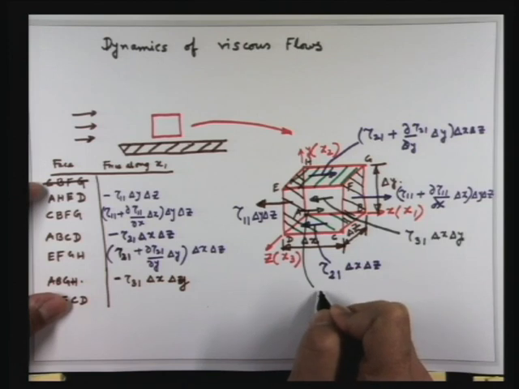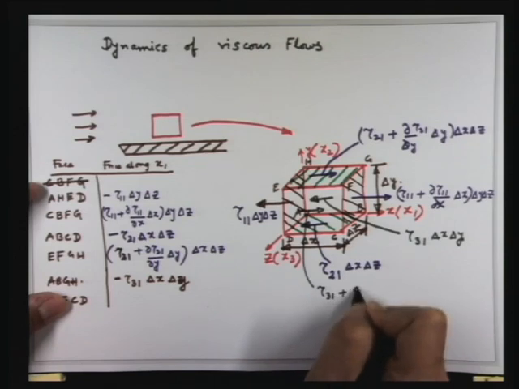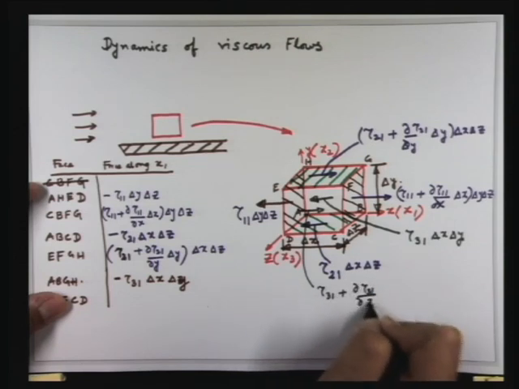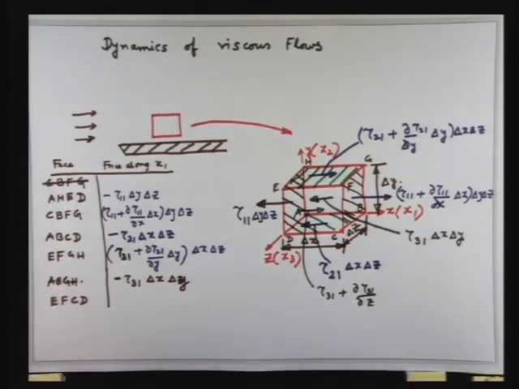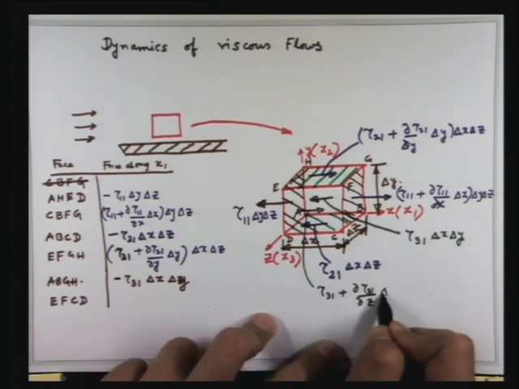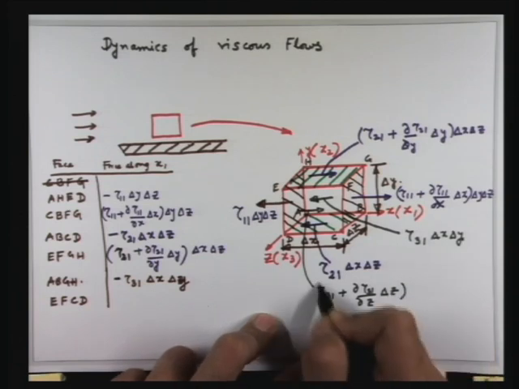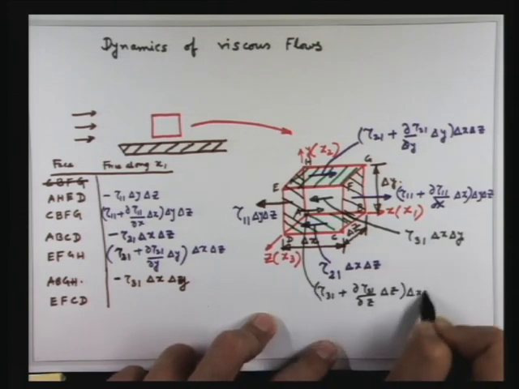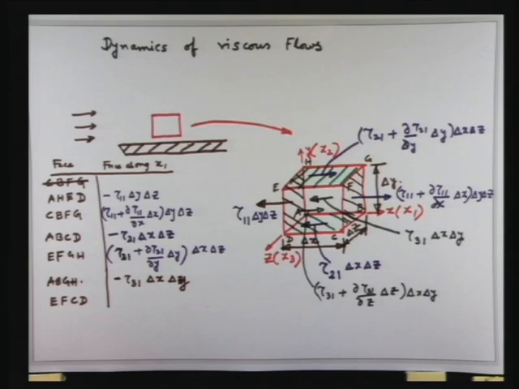So in the back face it was tau 3 1, here it will be tau 3 1 plus del tau 3 1 del z into delta z, into delta x into delta y. So let us write that in this table.